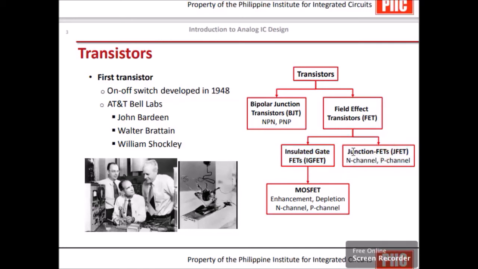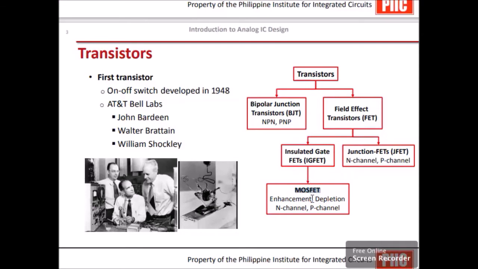Itong mga JFET, meron siyang N-channel or P-channel type. For the IGFET or insulated gate field effect transistors, meron tayong tinatawag na MOSFET. Sa MOSFET naman, meron tayong enhancement, depletion, N-channel, and P-channel types. Basically, again, sabi dun sa previous video, for IC design, yung pinakamagandang gamitin is etong ating MOSFET.